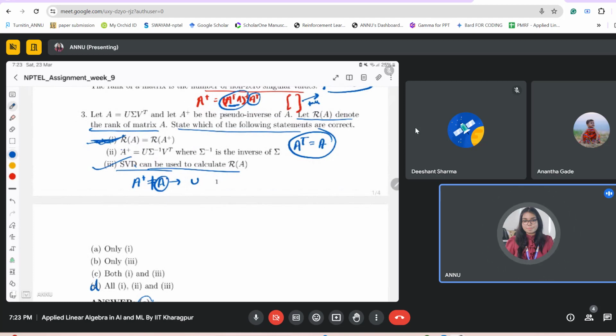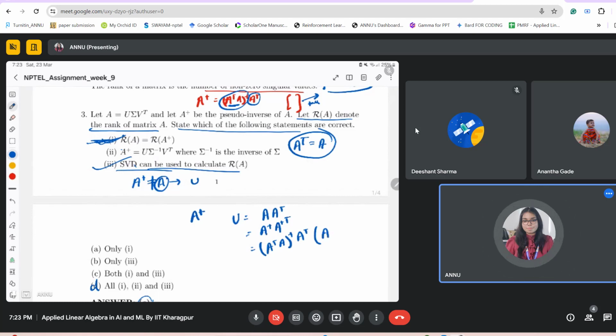So let us solve for A plus. Okay, so U is actually A transpose. If you replace it by this A plus transpose, it means eigenvectors only. So if the matrix is the same, then it will be the same. Okay, so A plus is what? (A transpose A) inverse A transpose.